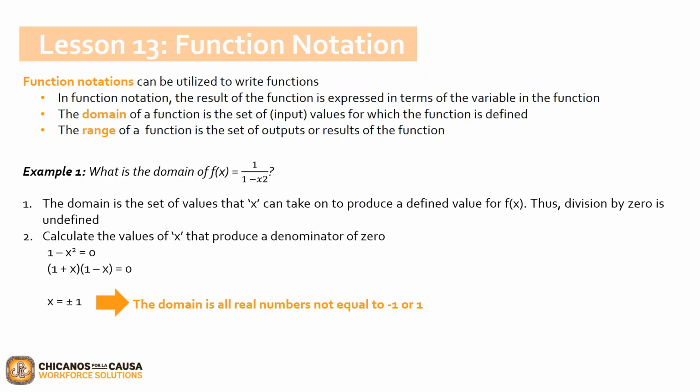So in this case, it would be 1 minus x squared equals 0. Similar to before, we want to break those apart. If we break apart 1 minus x squared, doing a reverse FOIL method, that would give us 1 plus x times 1 minus x equals 0. Therefore, x equals plus or minus 1.